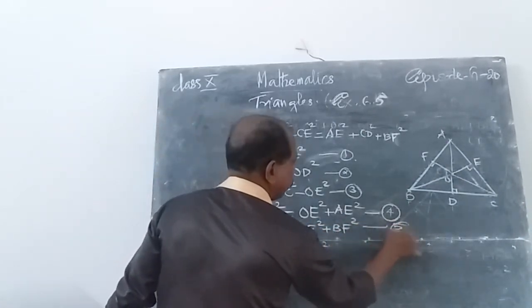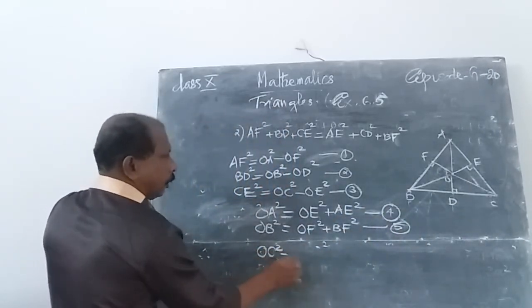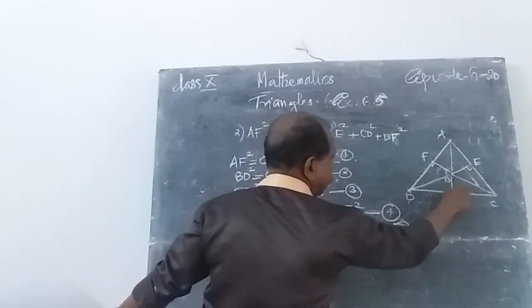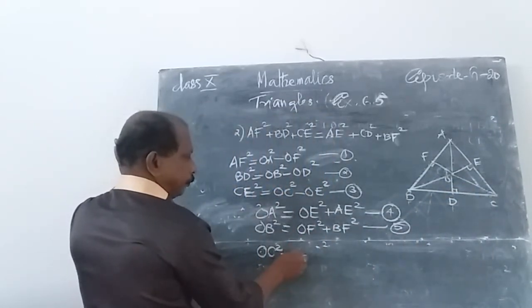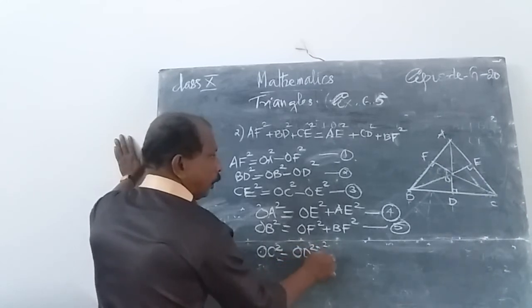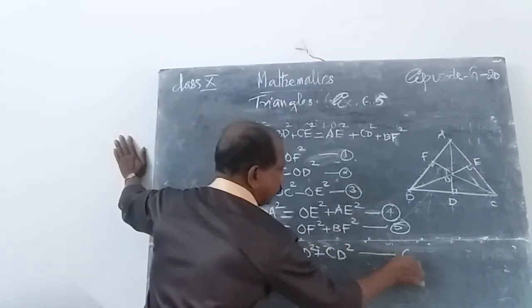Equation number 5. Then OC square is equal to, from this second triangle, OC square is equal to OD square plus CD square. Equation number 6.